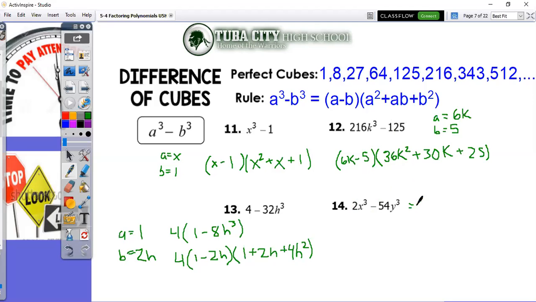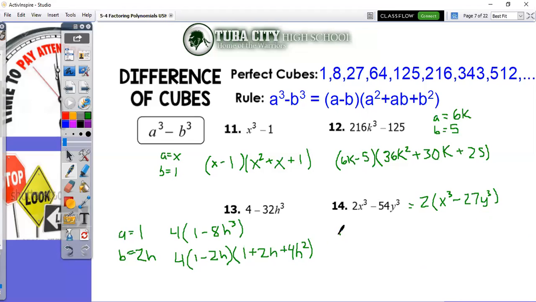So I'm going to divide both of them by 2. So that would make it x to the third minus, and then 54 divided by 2 is 27. And I think that might be it. Yeah, there we go. So this is a cube number, and this is a cube number.